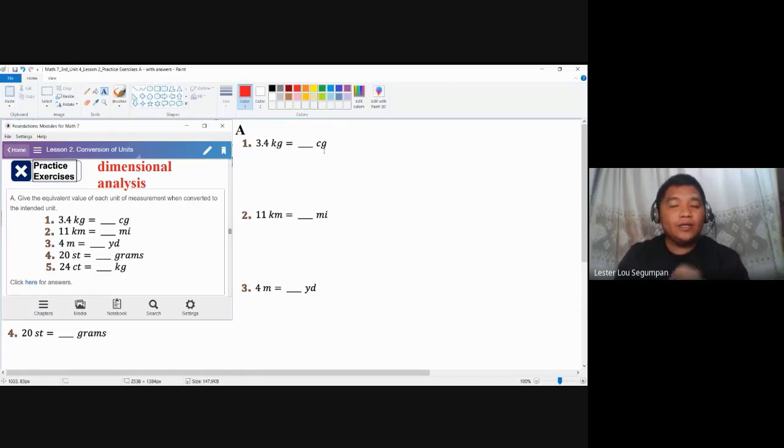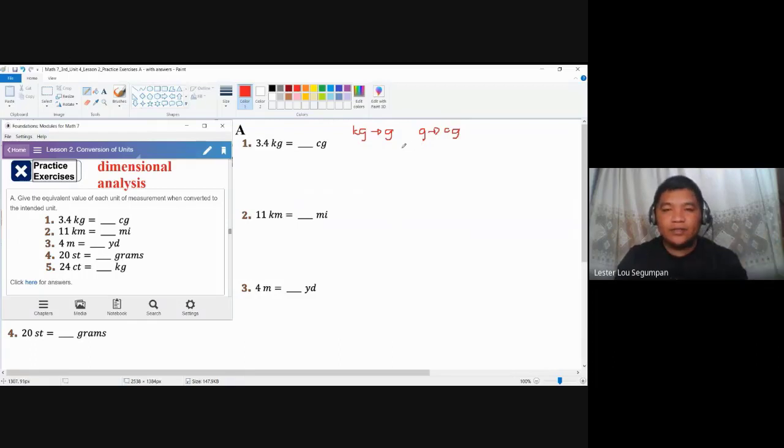So how do we do this in number one? Before we come up with the number of centigrams from kilograms, let us pass through kilograms to grams, and from that we will have grams to centigrams. Again, we will use this because we would like to pass through grams to have a better understanding.